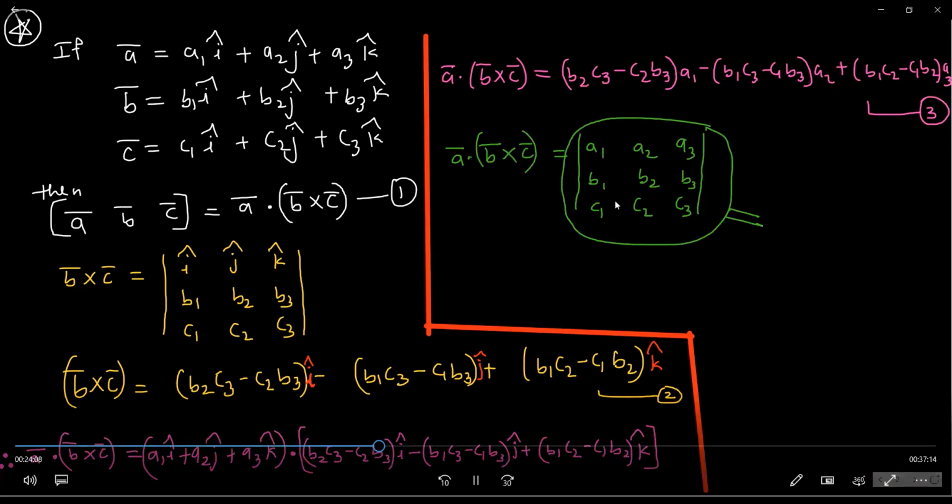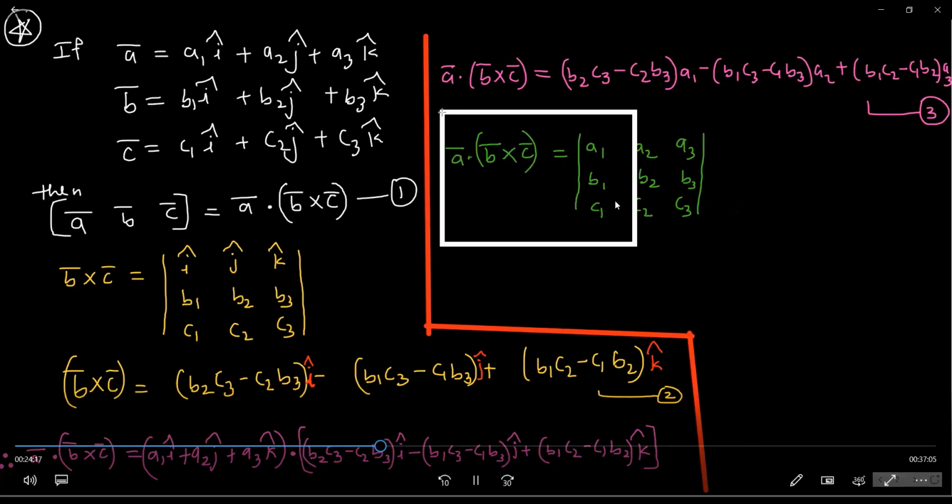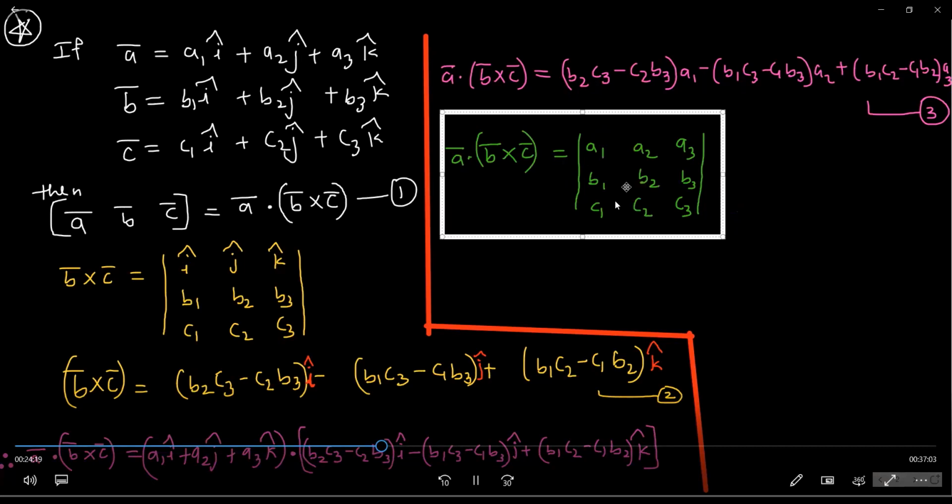Yes. So now you have a new formula for the scalar triple product. A bar dot b bar cross c bar is the determinant a1, a2, a3, b1, b2, b3, c1, c2, c3.